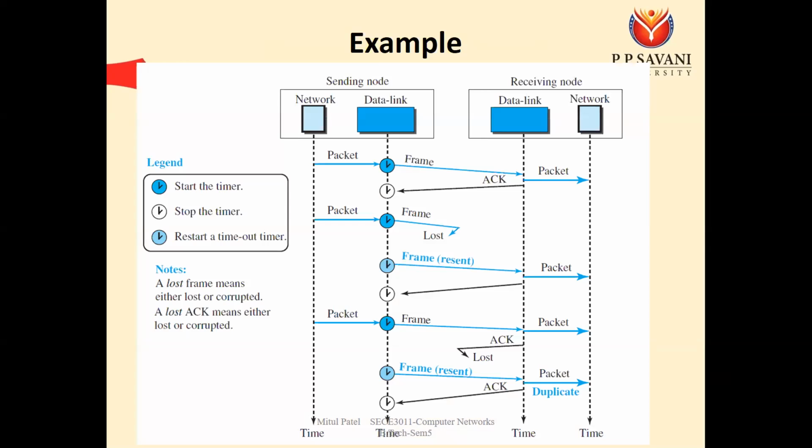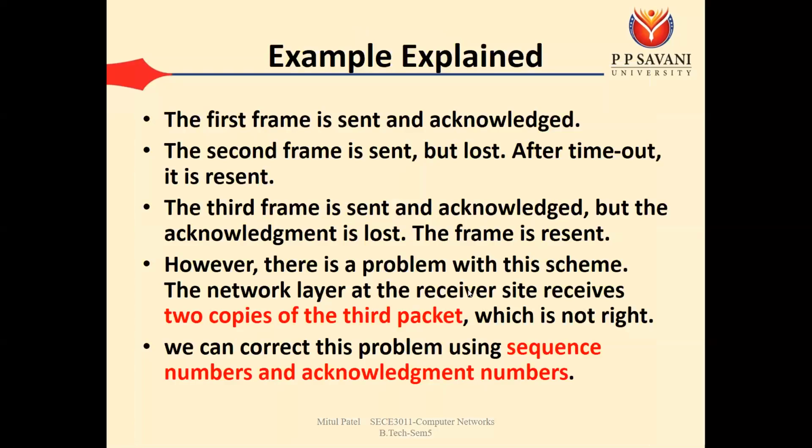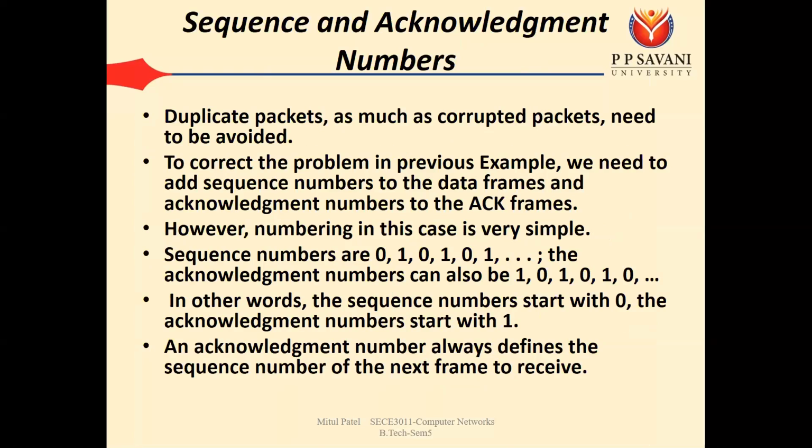That means the frame that is sent gets a sequence number, and the acknowledgement number that is received gets an acknowledgement number. So for this approach in stop and wait ARQ, we are using sequence numbers that are binary values, that are 0 1 0 1 0 1.